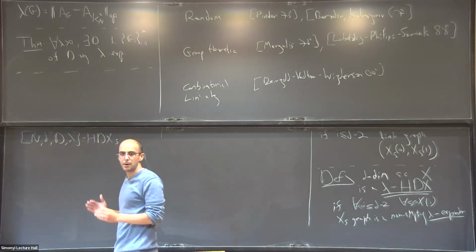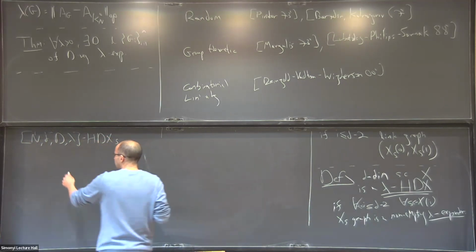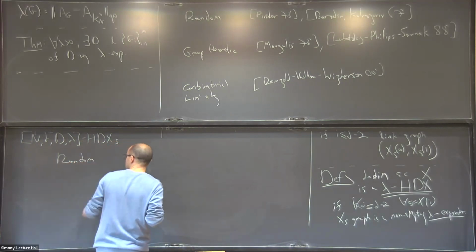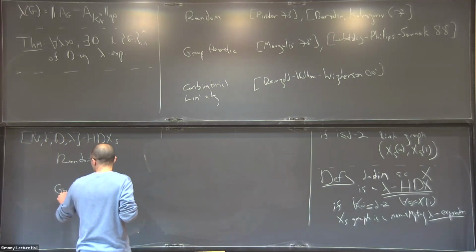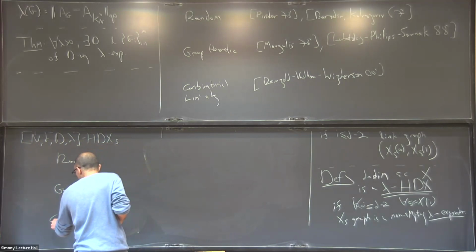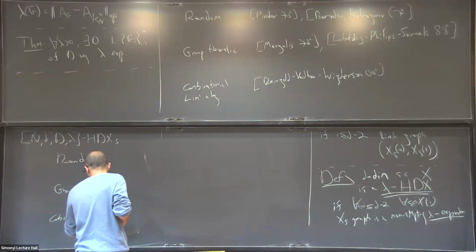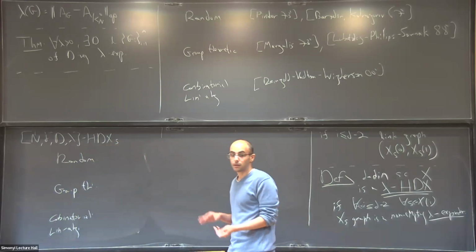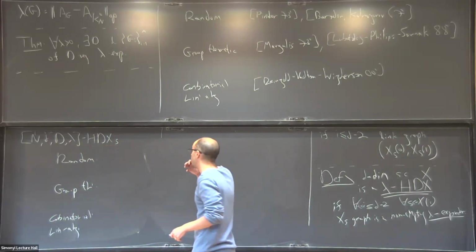And I can think about, again, the 3 sources of constructions that I had in expander graphs, and let's see what happens in HDXs. So I have random, I have group theoretic, and I have combinatorial and linear algebraic constructions. Let me just tell you what we know.